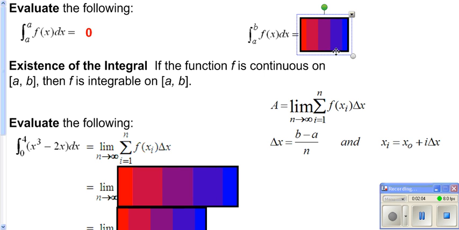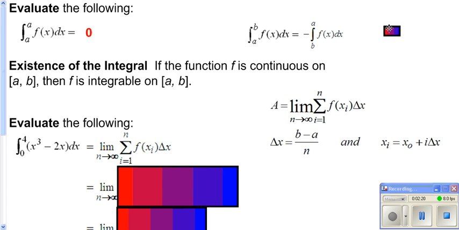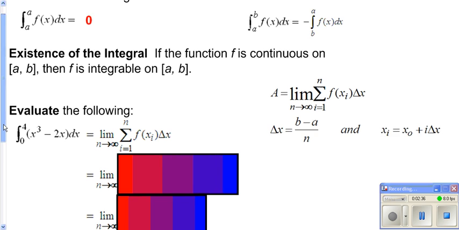Now, over here, if we just go ahead and switch our upper and lower bounds, our limits, it really gives us the opposite of the area. We also have the existence of an integral. If your function is continuous, then you're able to take the integral.